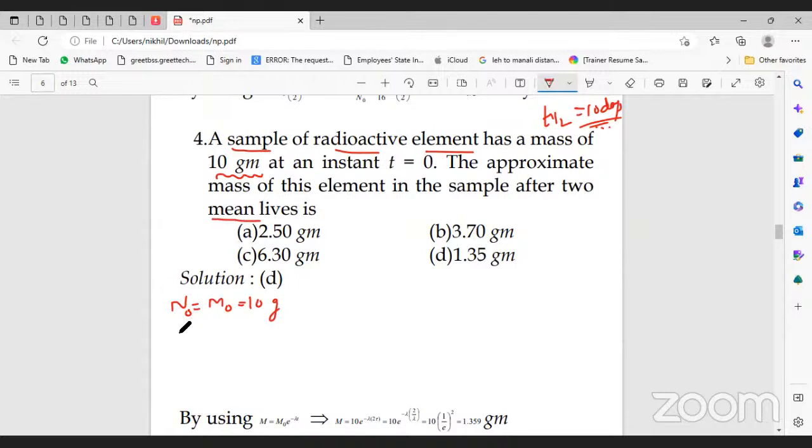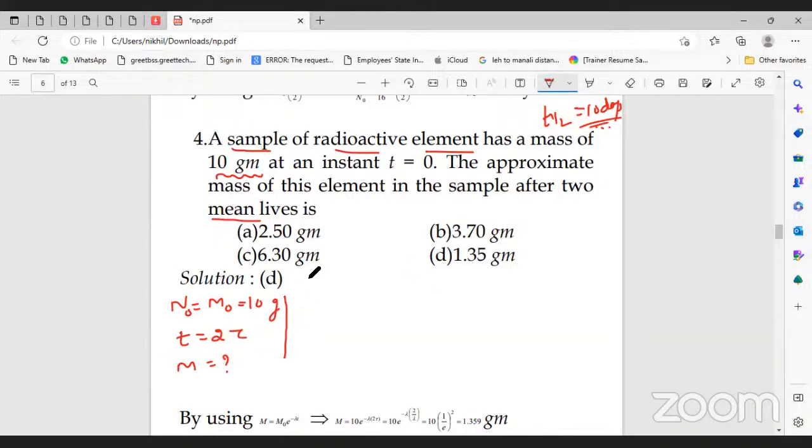After 2 mean lives, what will be the mass?